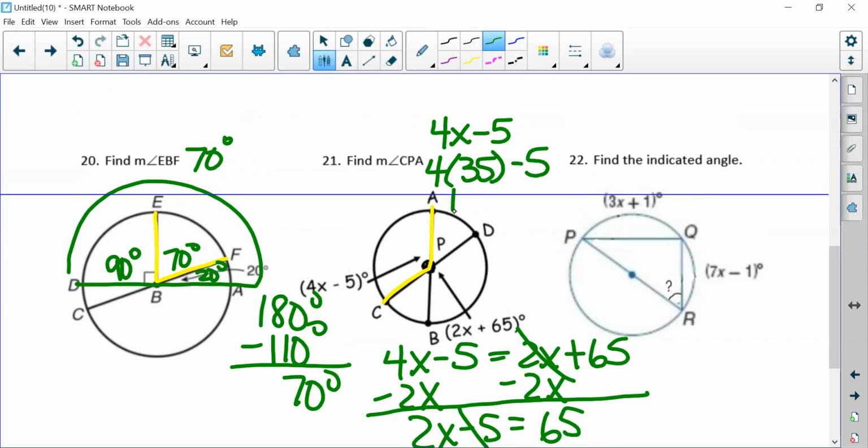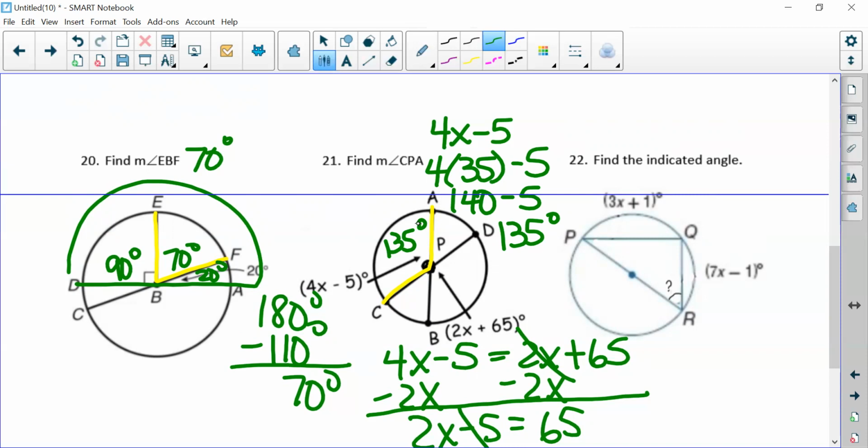Y'all, 4 times 35 is 140, minus 5 is 135, which tells us that the measure of angle CPA is 135, okay? It's 135.